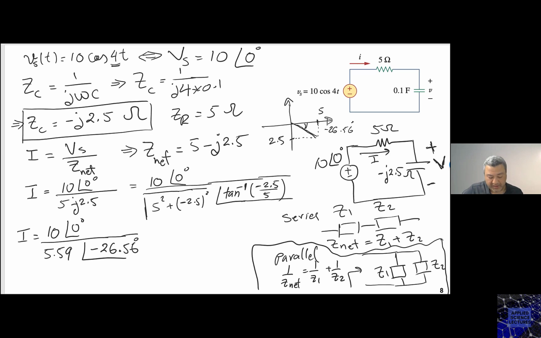And in this case, I would be 10 divided by 5.59, which is 1.79, and the angle would be 26.56 degrees.